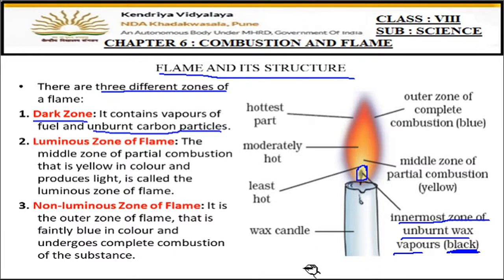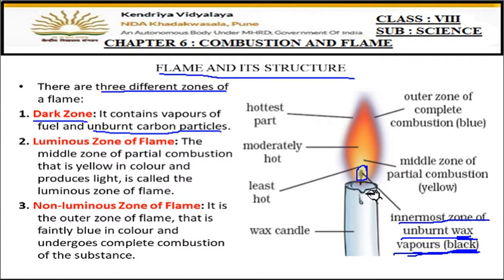Now where are these carbon particles coming from? CO2 is present in the air, right? So that carbon remains unburnt, and that area containing unburnt carbon particles is dark in color. So this is the innermost zone where the unburnt material of the wax vapors remains.